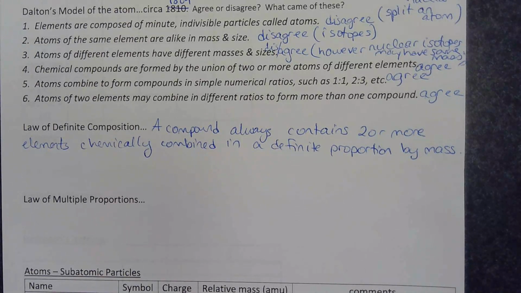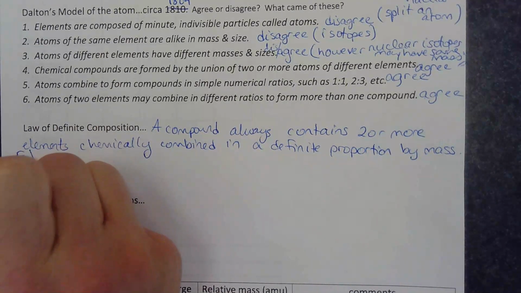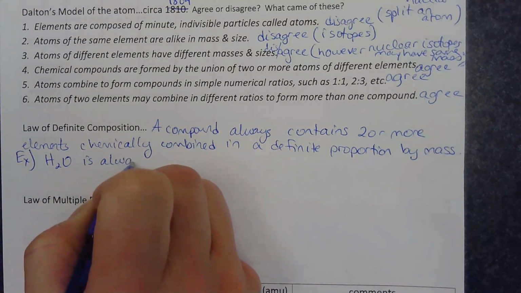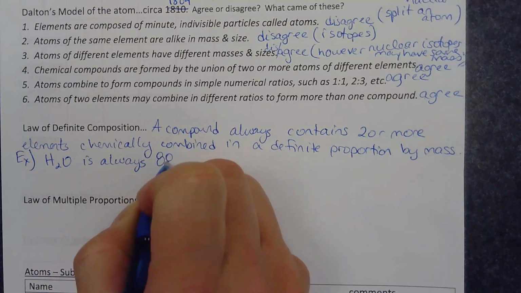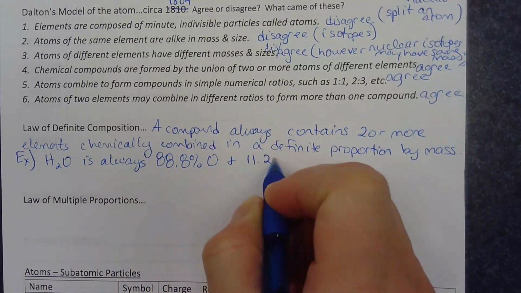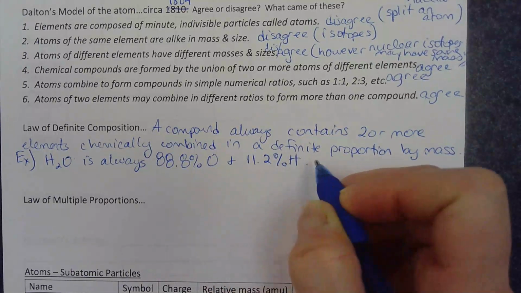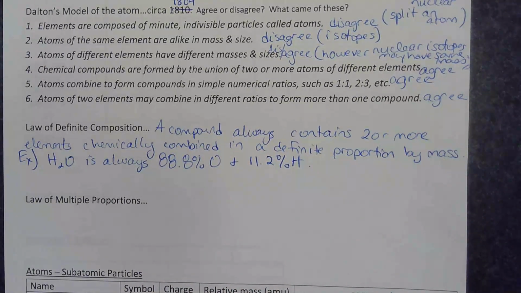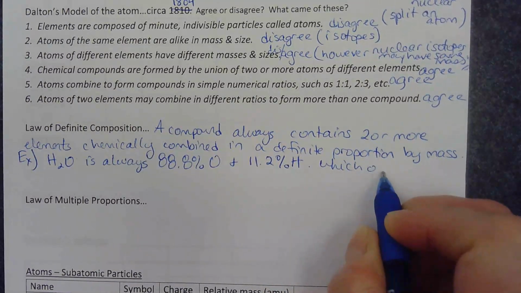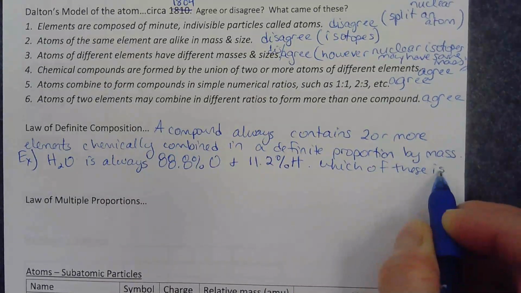So I'm going to give you an example of this. Water is always 88.8% oxygen and 11.2% hydrogen. I'm telling you this information.